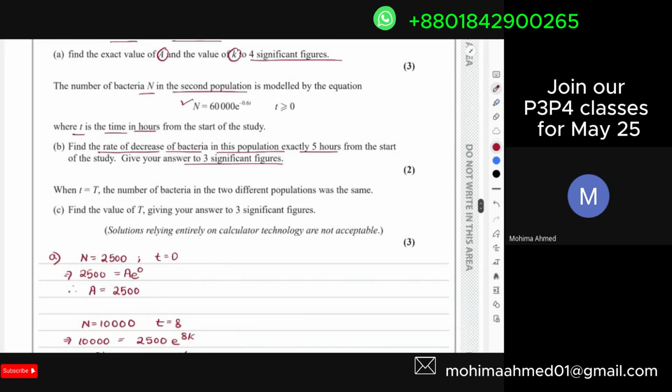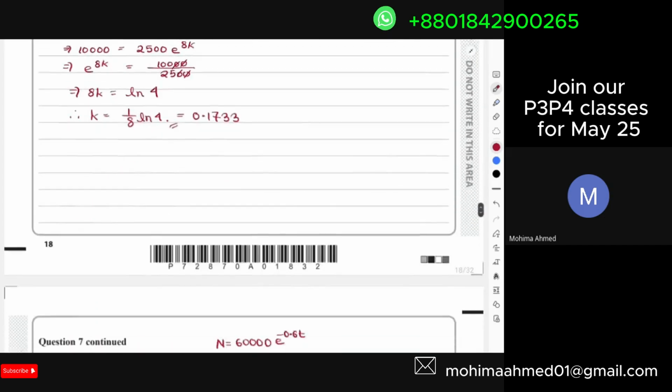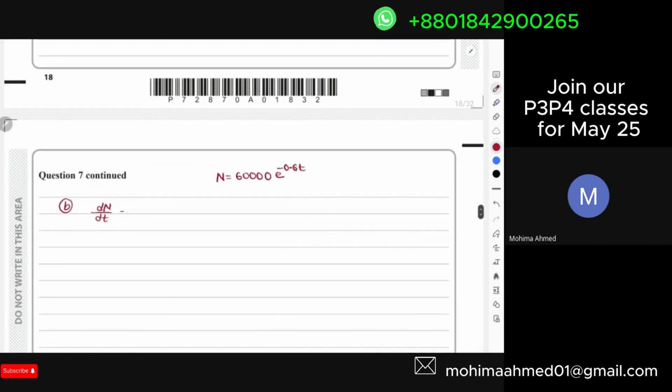They're only giving it 2 marks, rate of decrease of bacteria in this population. I just have to differentiate this. That means we are going to have negative 0.6 written in front of this entire expression, and actually nothing else will change.